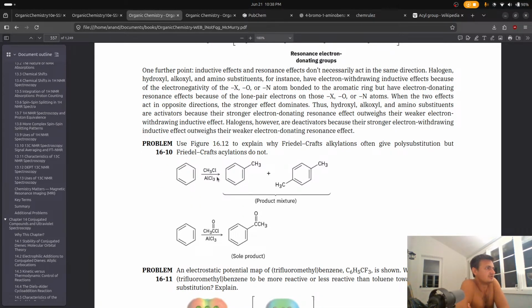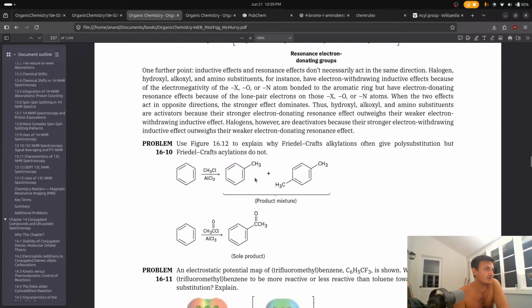All right. Use figure 16.12 to explain why Friedel-Crafts alkylations often give polysubstitution, but acylations don't. Well, because that thing is going to be inductive. It's withdrawing. So it's just going to remove the reactivity.